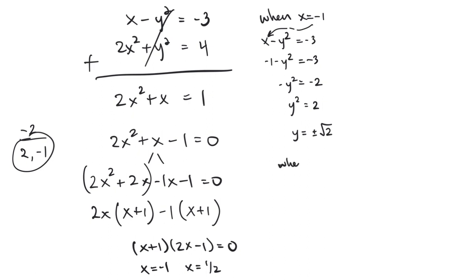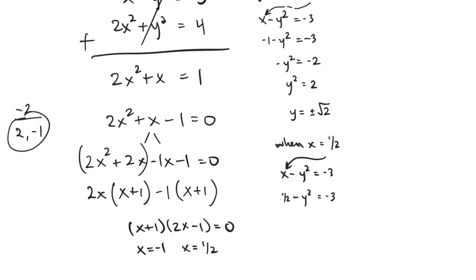Now when x equals 1/2, I'm going to use the same equation, x minus y squared equals negative 3. Plug in the 1/2 there, now we have 1/2 minus y squared equals negative 3. Subtract 1/2.